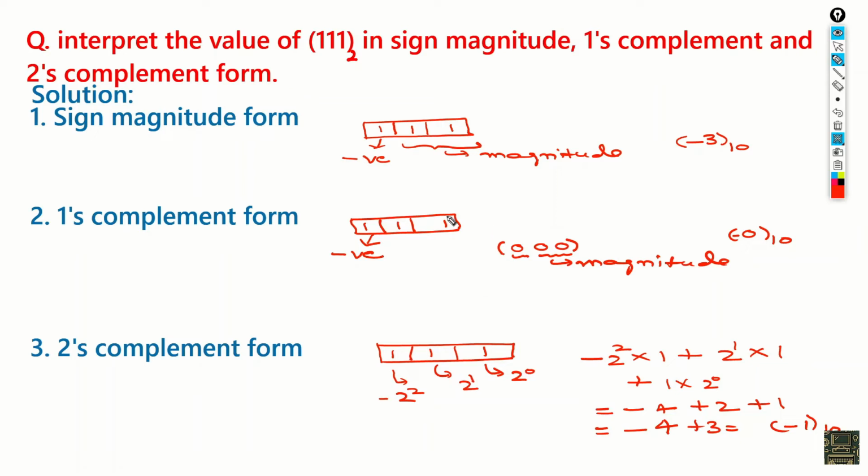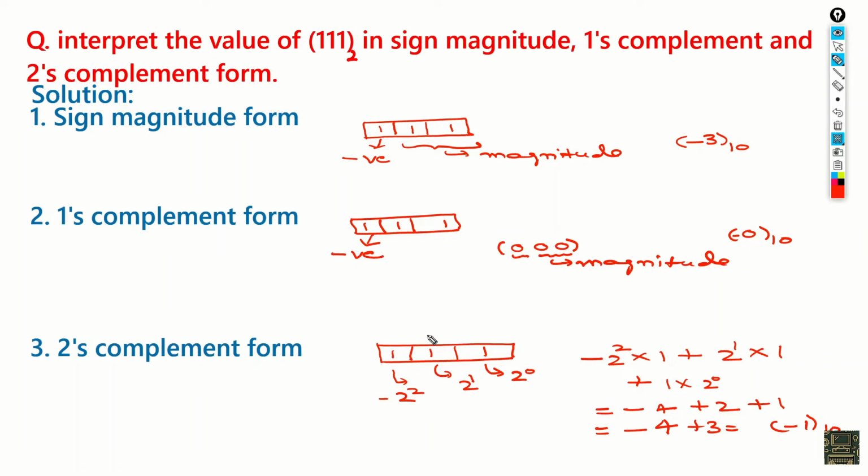So we have seen that if the same number, 111 in binary, is considered in sign magnitude form, it represents the value minus 3 in decimal. If this value is in 1's complement form, it represents minus 0 in decimal number system.